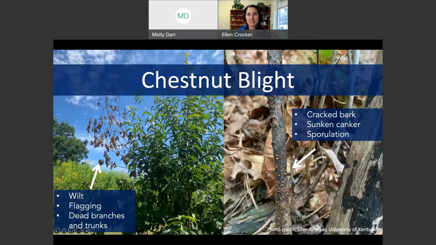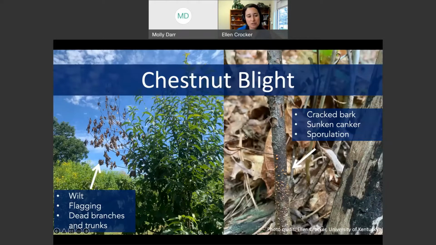So chestnut blight, we refer to it as a historical disease, right? And it's been here for a long time. It's really impacted our forests, especially in the southern Appalachians. But while most of the photos you find of chestnut blight are these historical photos of massive trees, this picture is probably more likely what you're going to see today.